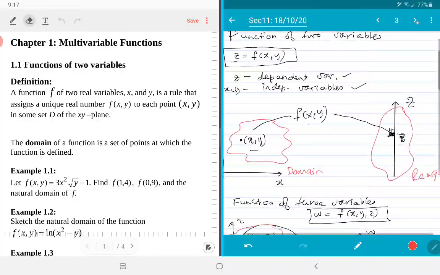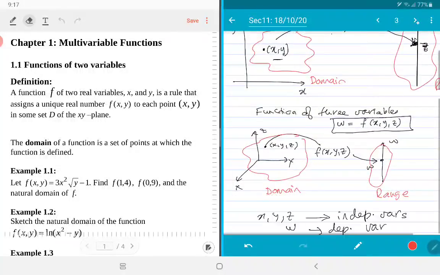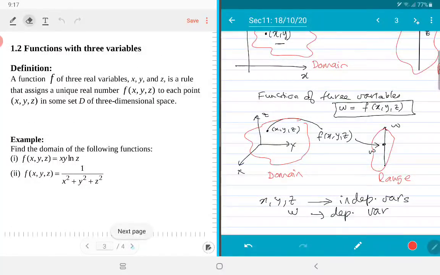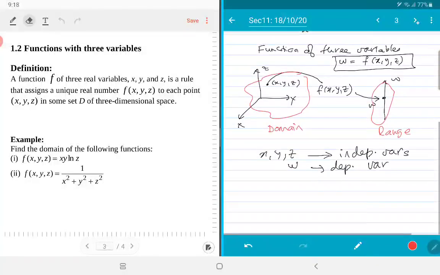Okay, and similarly for function of three variables, the set of points (x, y, z) where the function is defined is what we call the domain, and the set of values w is what we call the range. Okay, now let's look at some examples.